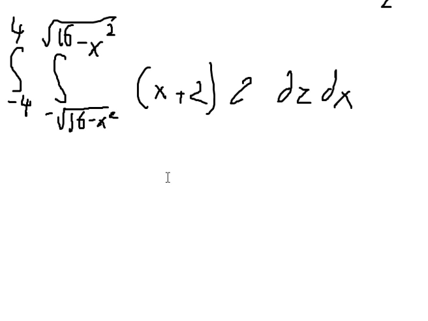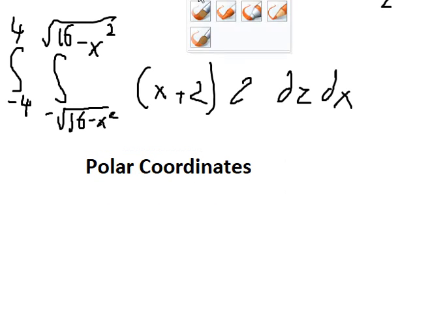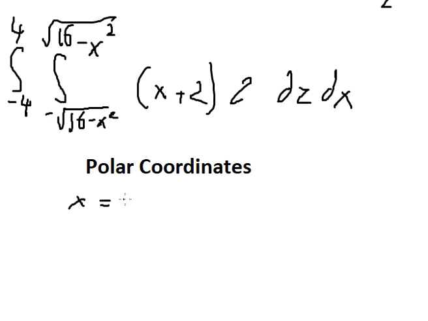And now we can use polar coordinates. So we can use x equals r cosine theta, z equals r sine theta.